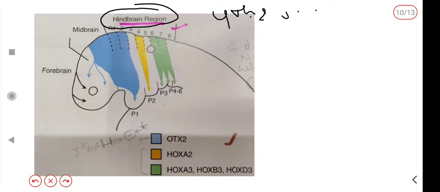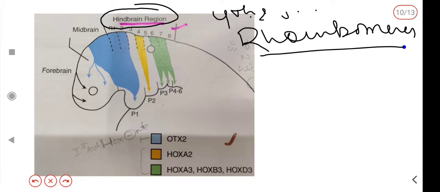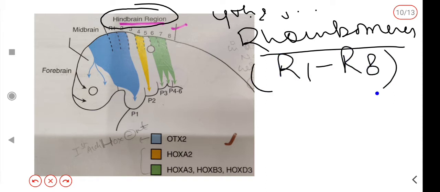The neural crest cells of the hindbrain originate in a specific pattern. They form segments, and these segments are termed rhombomeres. There are 8 segments, R1 to R8.